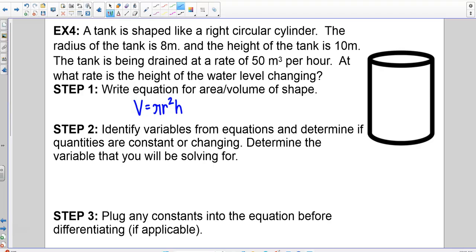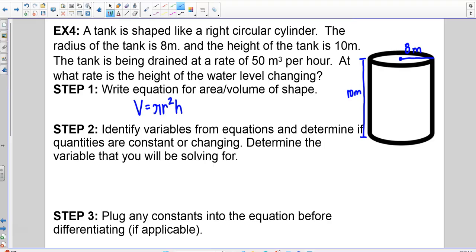We are supposed to identify the variables from the equations and determine if quantities are constant or changing. So the problem says the radius of the tank is 8 meters, the height of the tank is 10 meters, and the tank is being drained at a rate of 50 meters cubed.